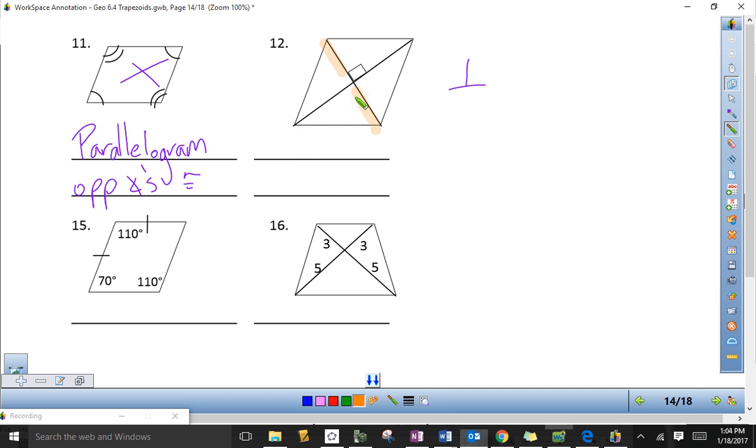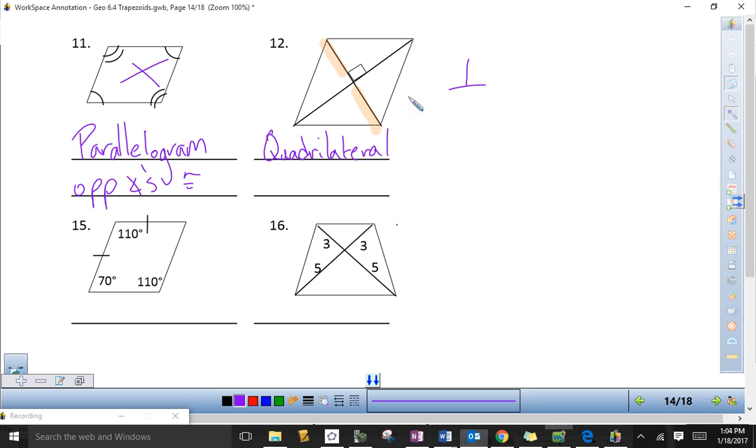That's not marked here. And if it's not marked, you don't know for sure that those are bisectors. So we can't call it a rhombus. And if they're not bisectors, we can't call it a parallelogram either. Okay? As of right now, based on the information we're given, this is just a quadrilateral. We're going to come back next time and talk about what this shape is.